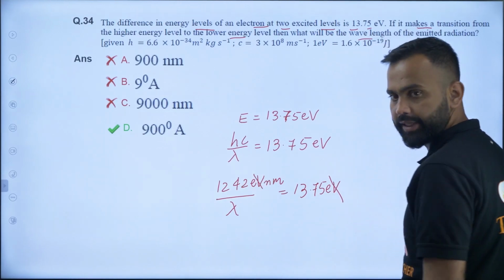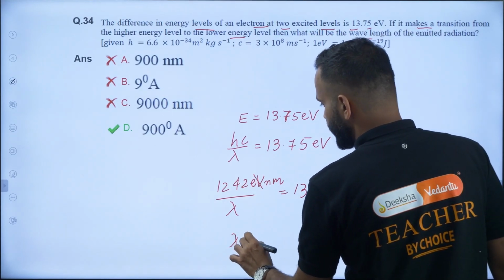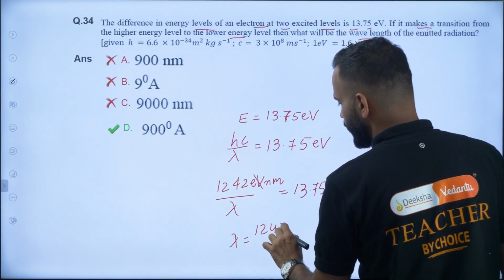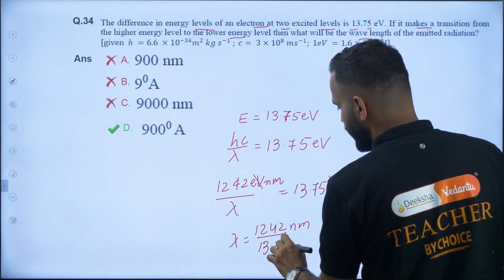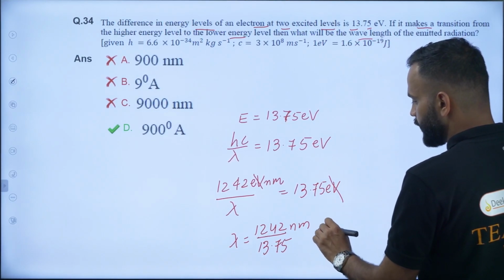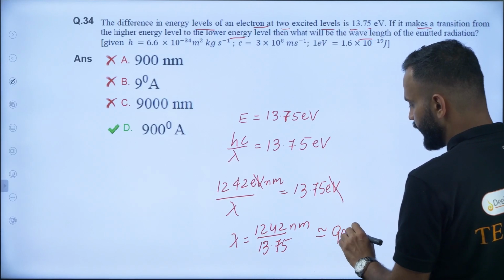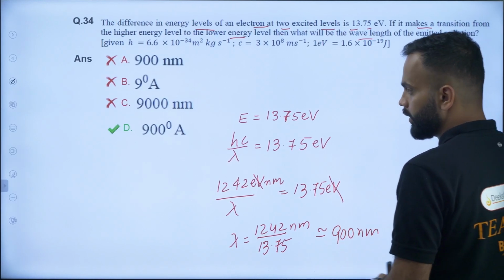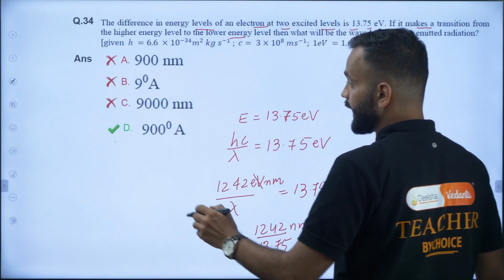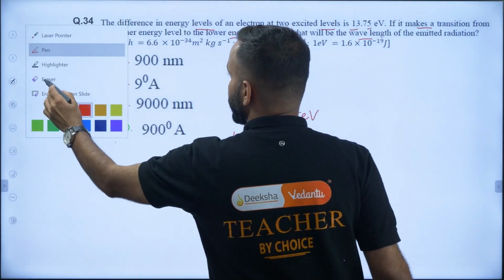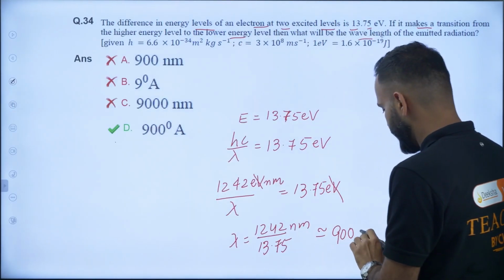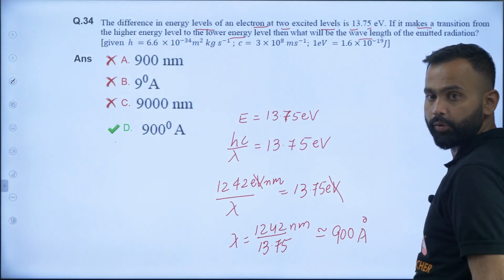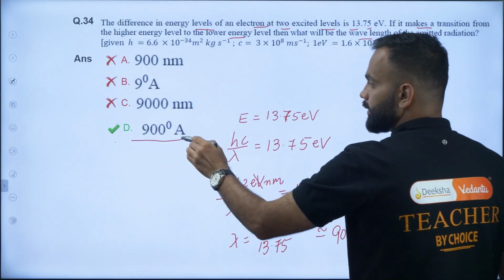Electron volt gets cancelled, so lambda is equal to 1242 nanometer divided by 13.75. Solve this and you get approximately 900 angstrom, not nanometer. The correct option is D.